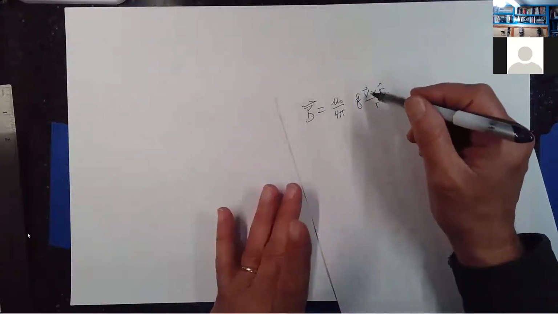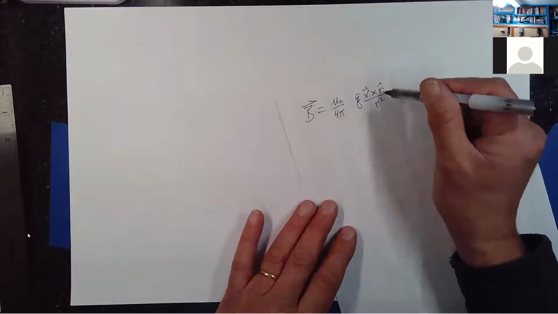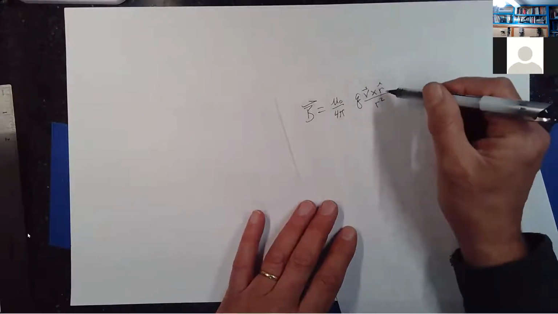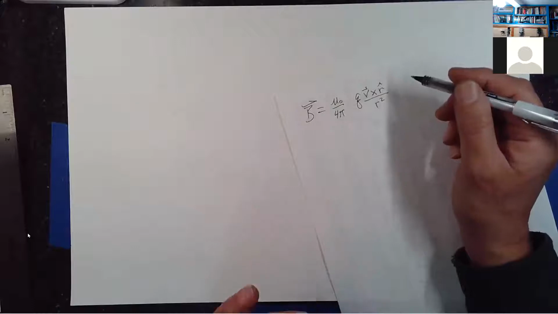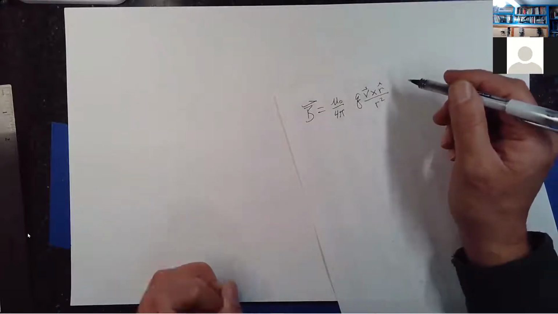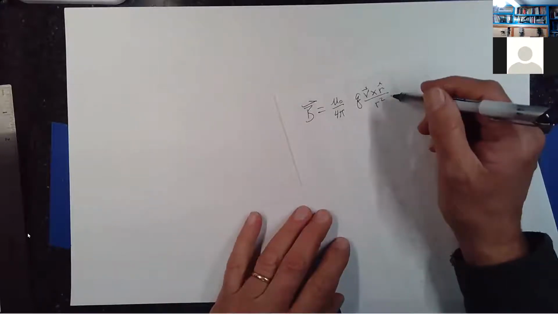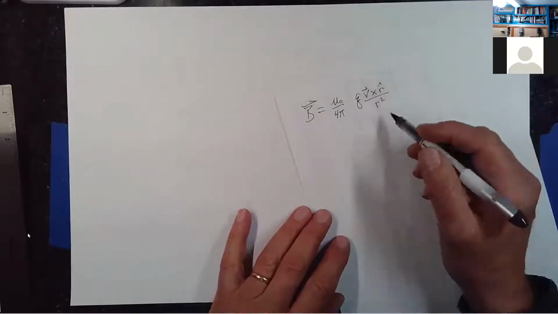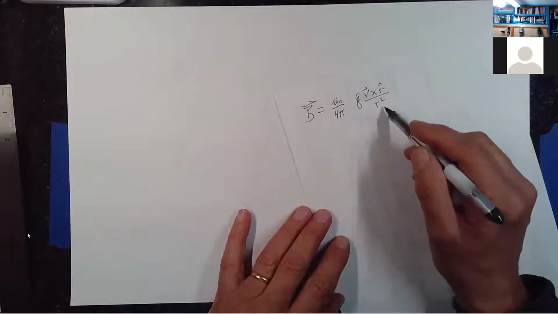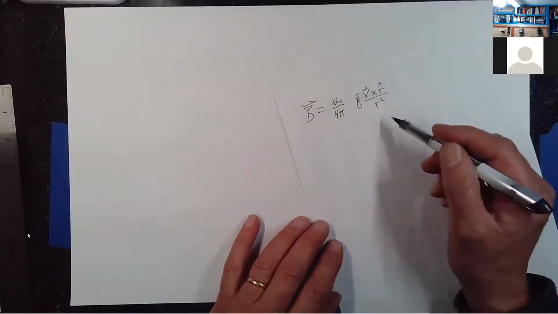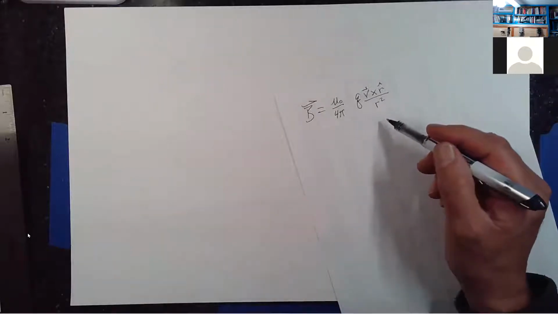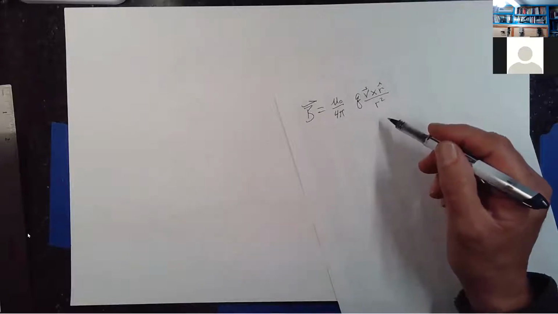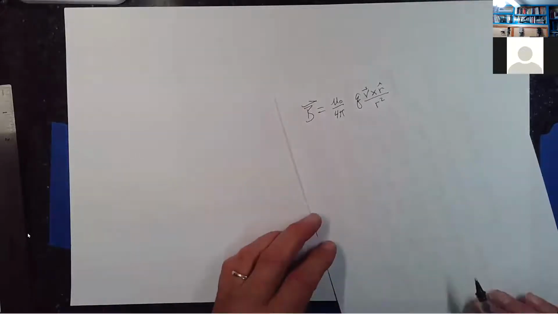In this case, it's v cross r hat, where r hat is a unit vector that points from the point charge that's moving to whatever place we're calculating the field at. And it's inversely proportional to the distance squared, so it gets weaker with the square of the distance.